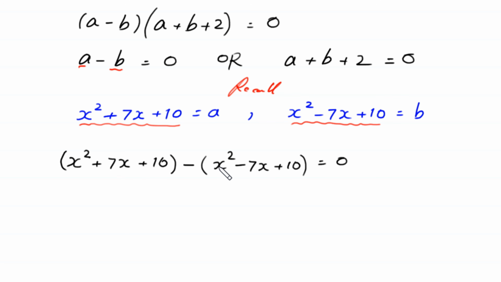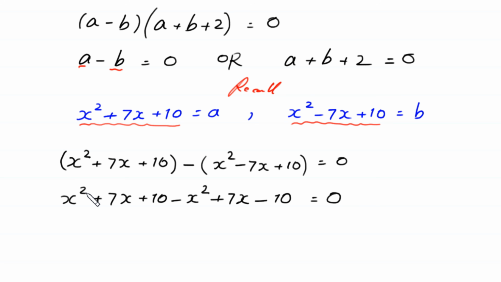Now we remove brackets, x squared plus 7x plus 10 remains same, and this minus will change the signs of these terms. This x squared becomes negative x squared, this negative 7x becomes positive 7x, and this plus 10 becomes negative 10 is equal to 0.